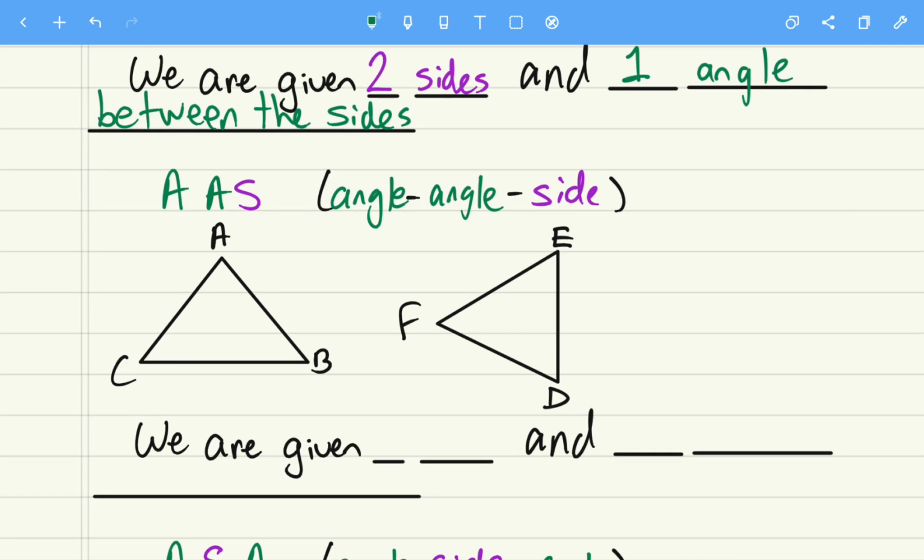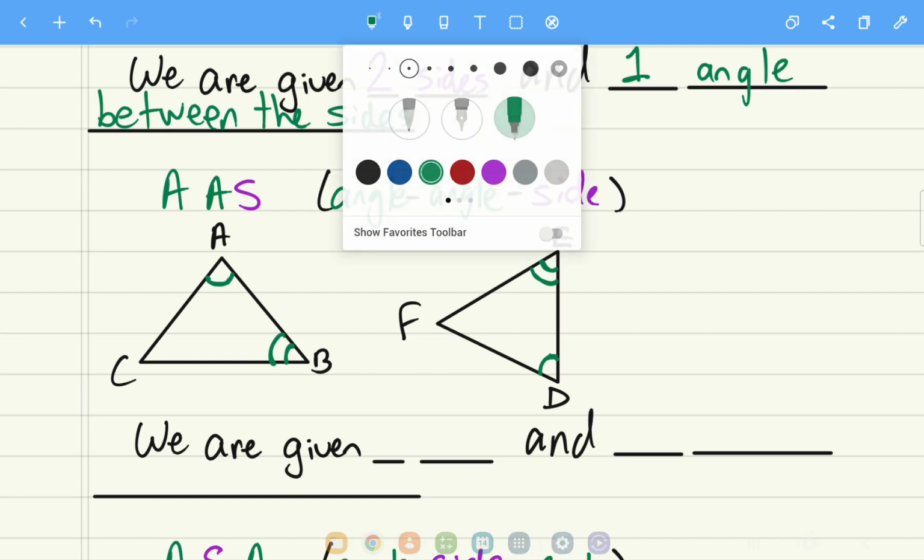We have angle angle side. So this time we are given one angle. Let's say angle A and D are congruent. Angle B and E are congruent. Notice I'm using similar notation. One curve for A and D because those two are congruent, and two curves for B and E to say those are congruent with each other.